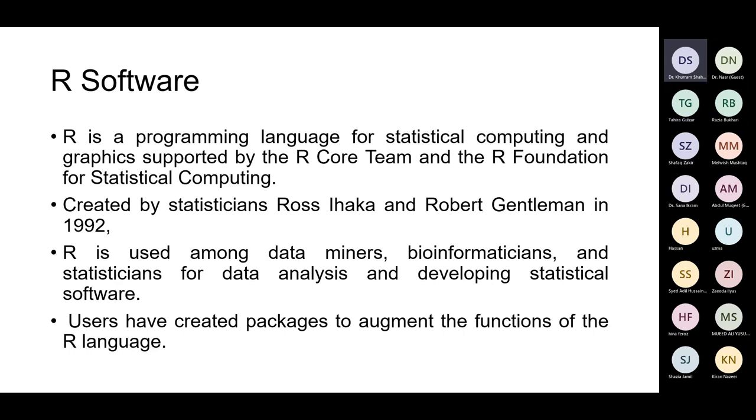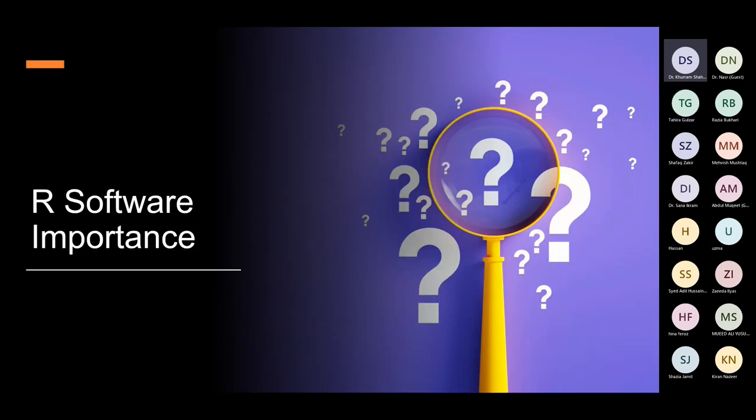Basically R was named after the initial letters of Ross and Robert. R is a statistical program: we can understand our data, do statistical analysis, and make graphics. So why is R important, why are we here to learn R?